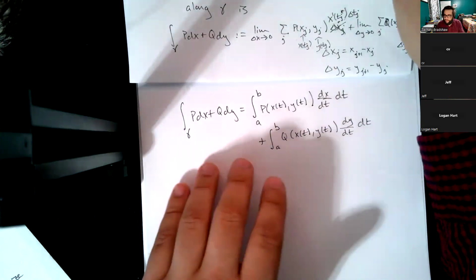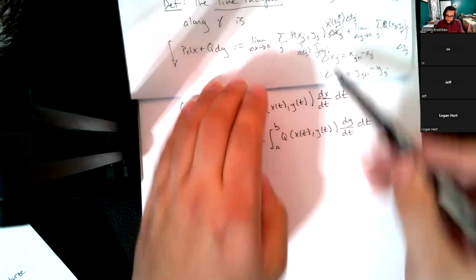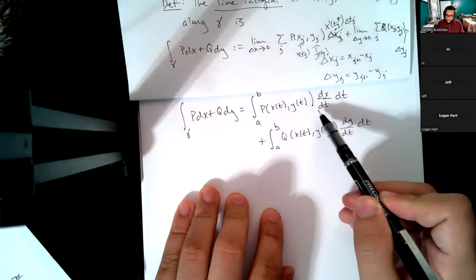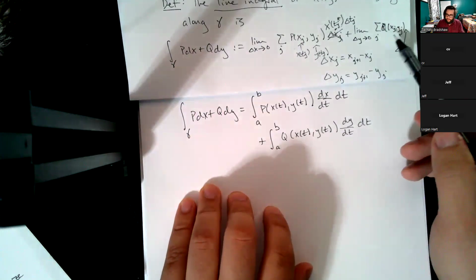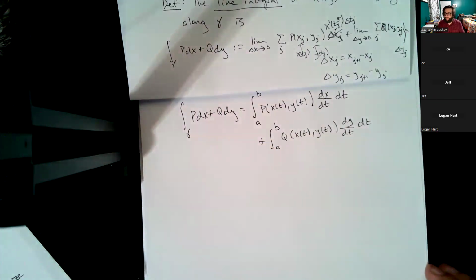What I was trying to say is we recognize now this limit of this sum as this integral, and likewise for this limit over here. So this is just the definition of the Riemann sum version of the integral.